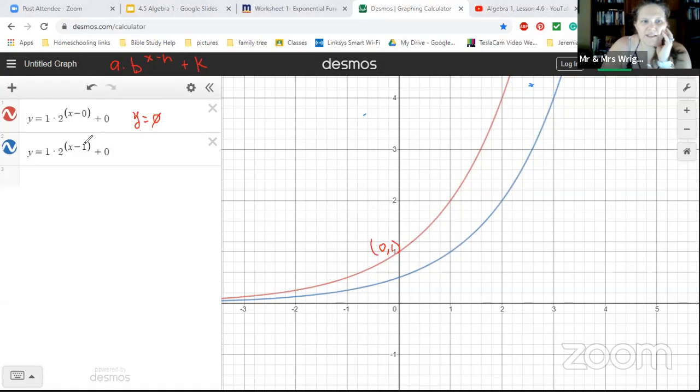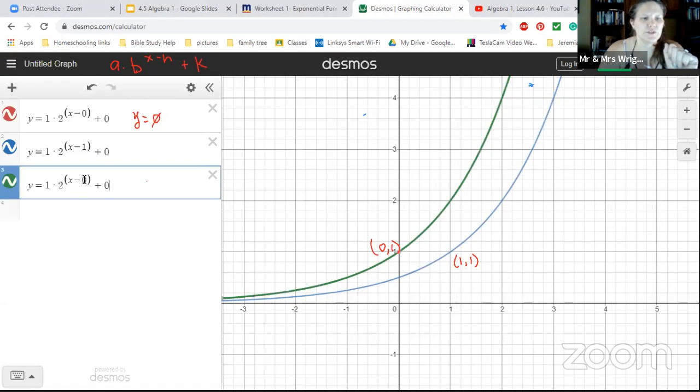And so when we added 1 into our spot for H, a +1 horizontal shift, this point moved over exactly 1 spot to the right. So this is now 1, 1. Okay. Well, let's see what happens if we move it over 2 spots.